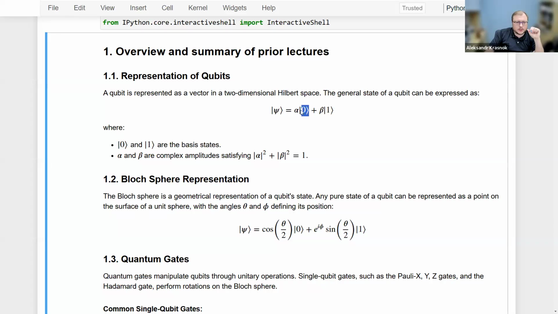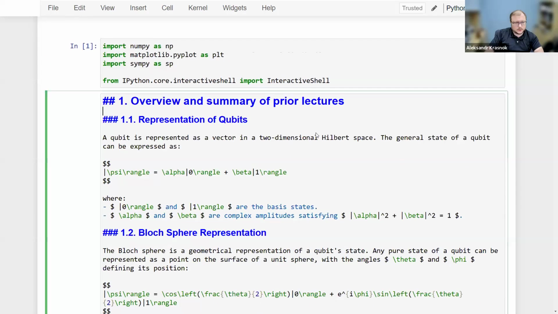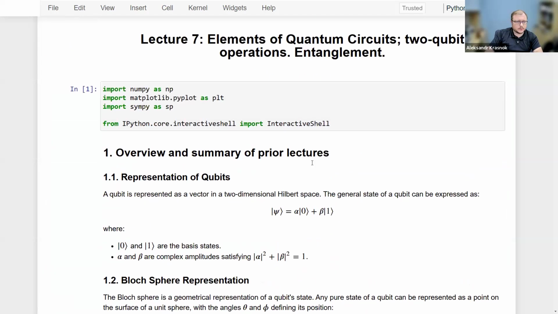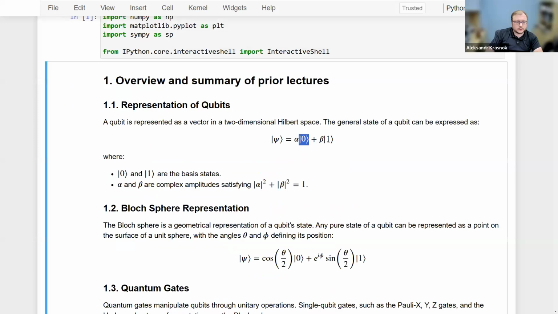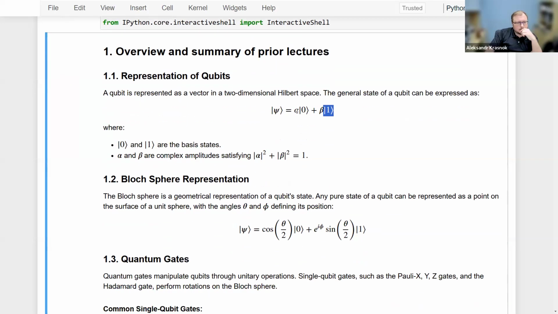These two states are basis states. In the case of a qubit, it is state zero and state one, multiplied by alpha and beta, which describe the probability amplitude of finding this state or this state in the experiment.